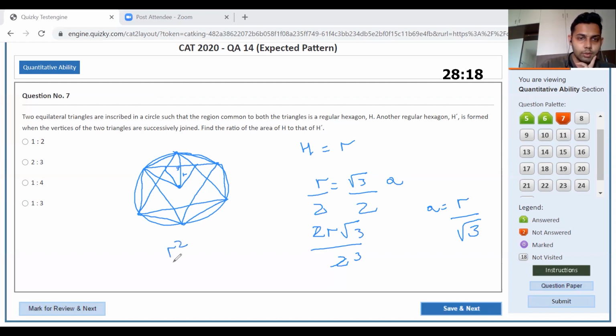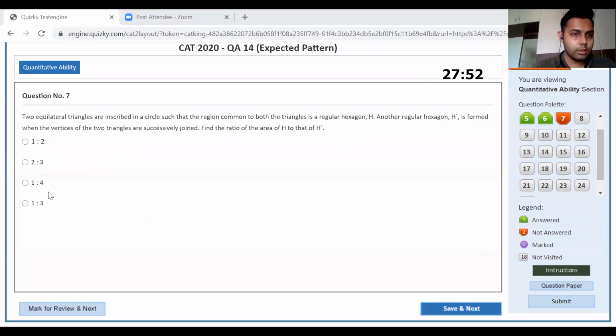So it will be R square divided by 3. Okay, so we need smaller to larger. So it's basically R square by 3 divided by R square. Hence it is 1/3. We just use simple concepts and move ahead.